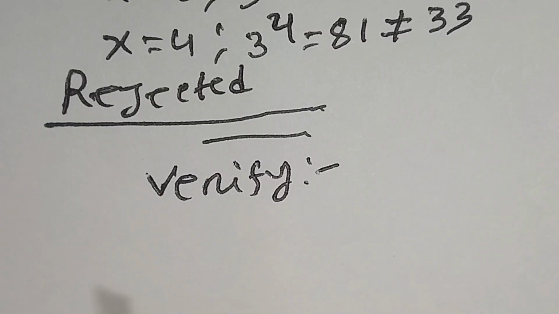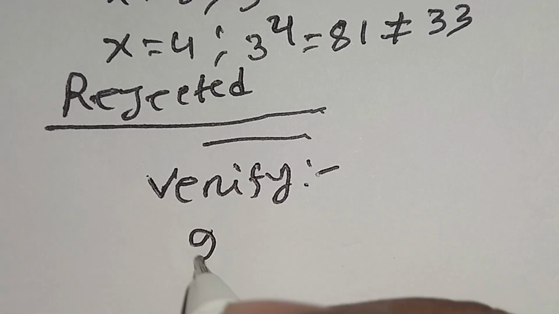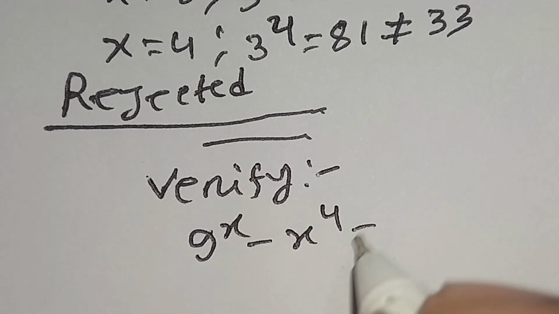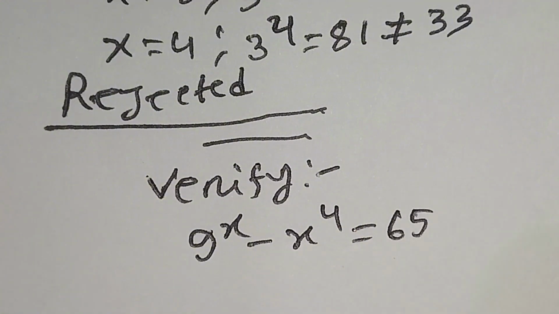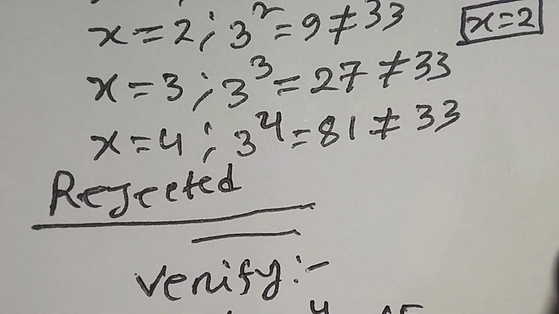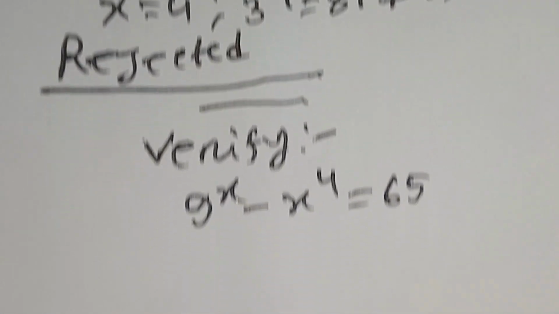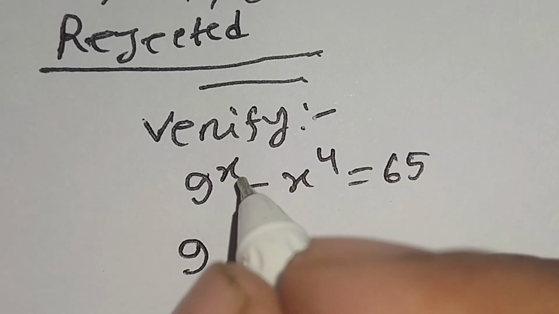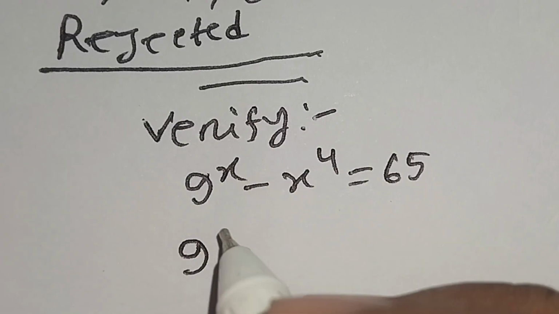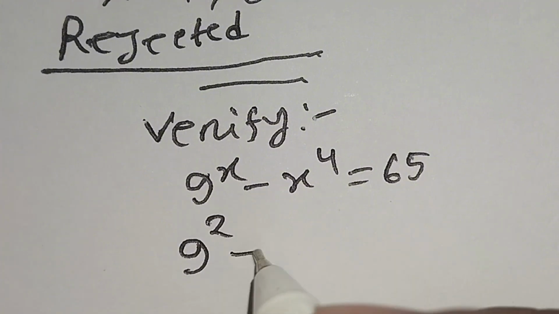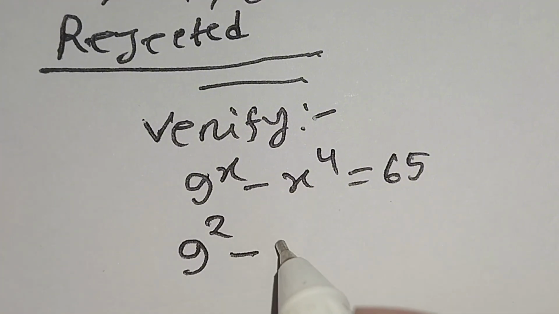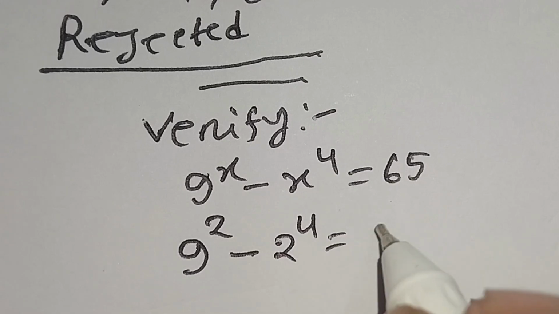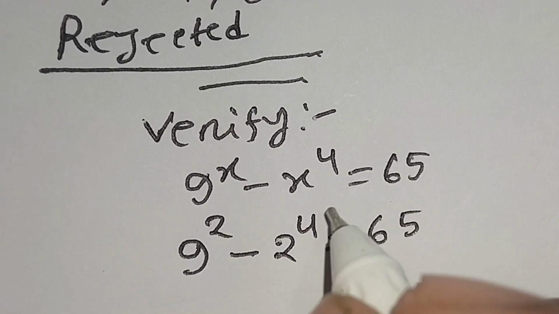The main equation is 9 to the power x minus x to the power 4 is equal to 65. Here x is equal to this 2. So you can write here 9 to the power 2 minus 2 to the power 4 is equal to 65.